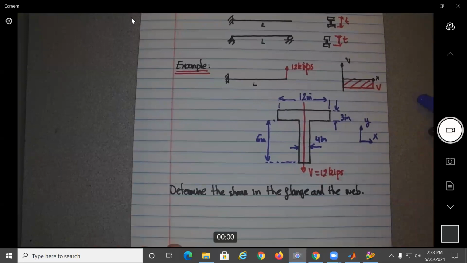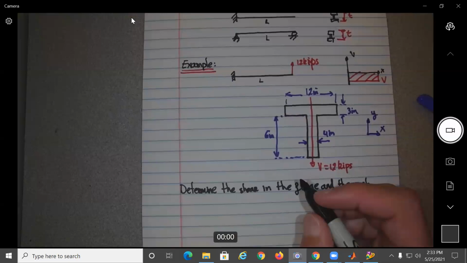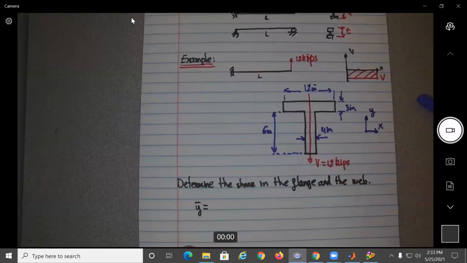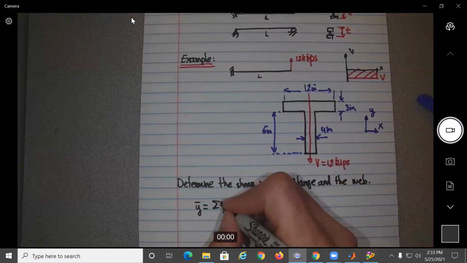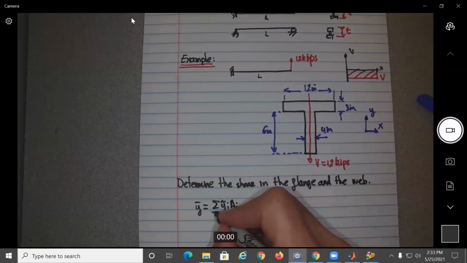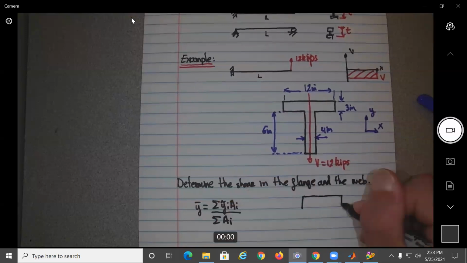In order to do that, let me write down the equation here. I gave you that to find the CG, you take the CG of each one of the parts divided by the total area. In this case, I can break this structure into the top flange and the web.